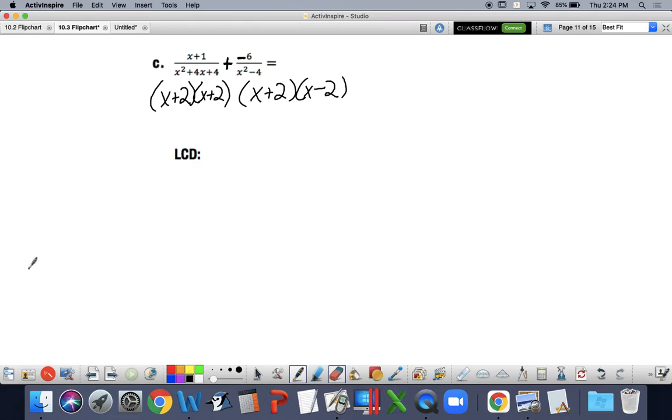So we're still not violating the rules of algebra. So my least common denominator should look pretty similar to the one you guys found previously in that other letter C. So it's the quantity x plus 2 squared and also an x minus 2.